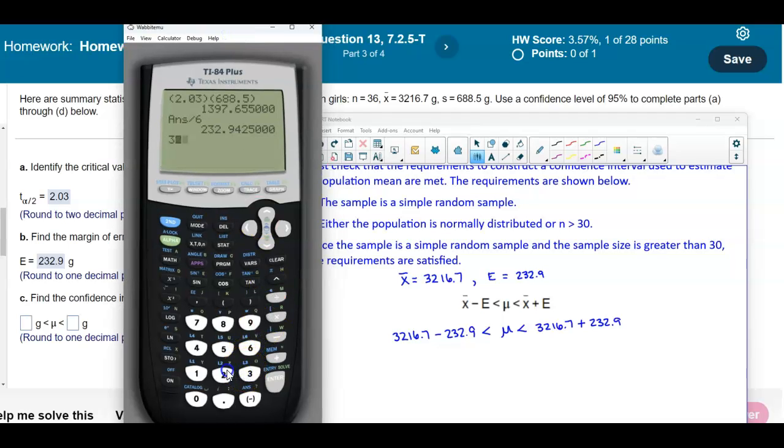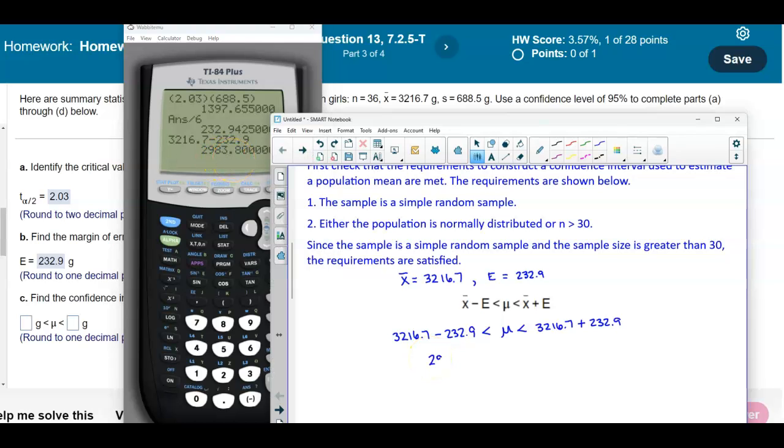If we take 3,216.7 minus 232.9, we get 2,983.8 for the lower limit.